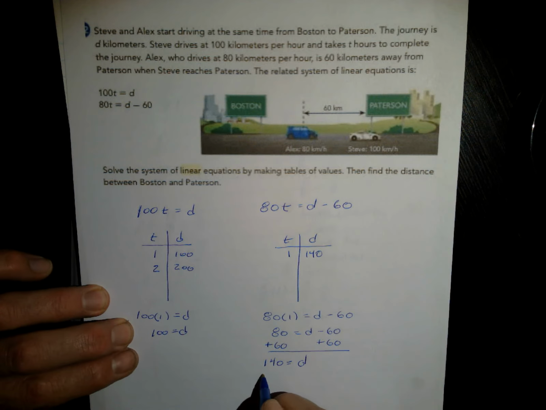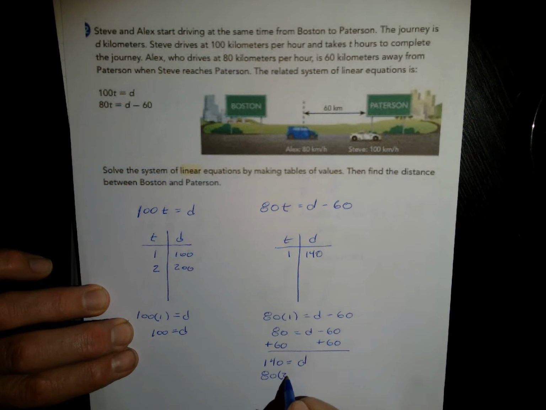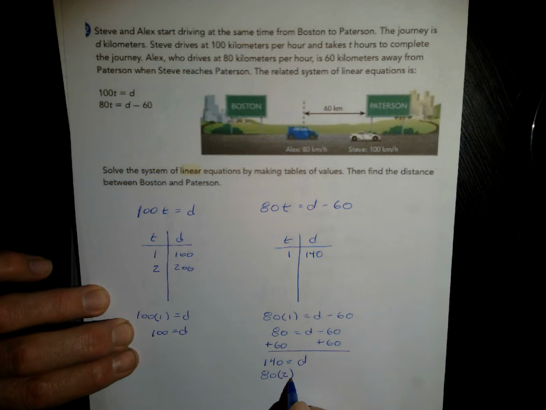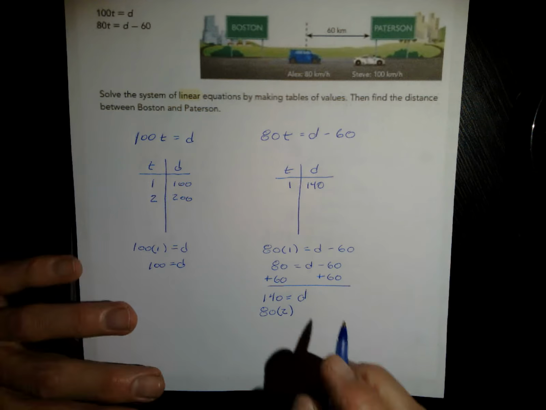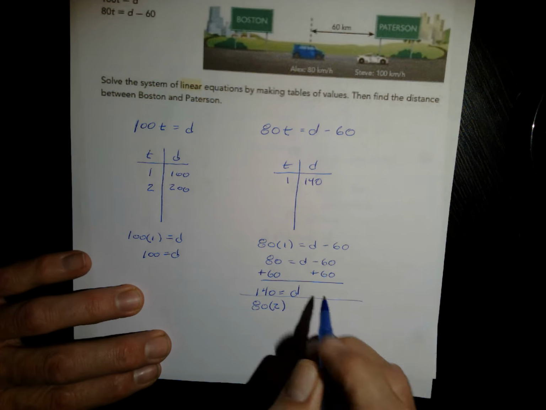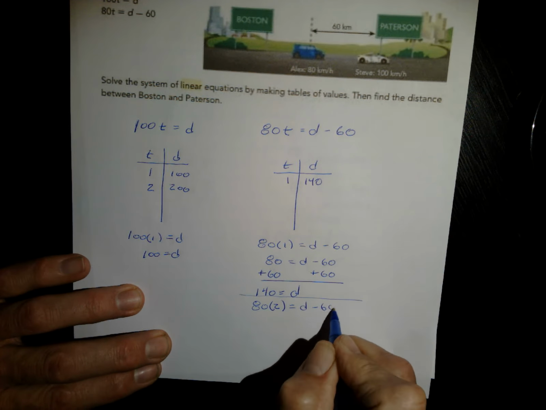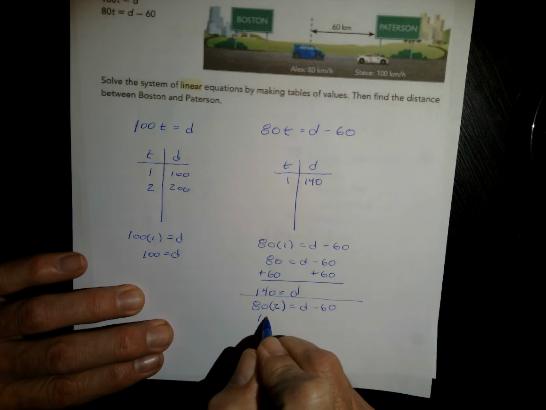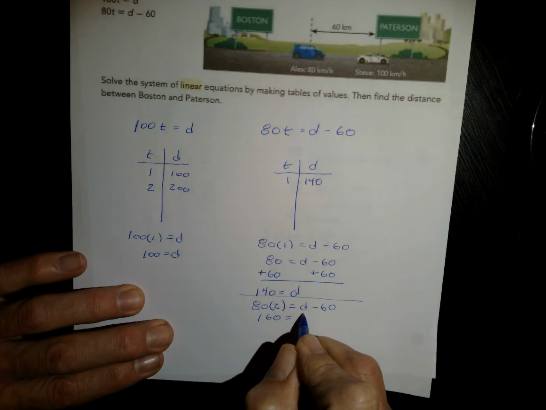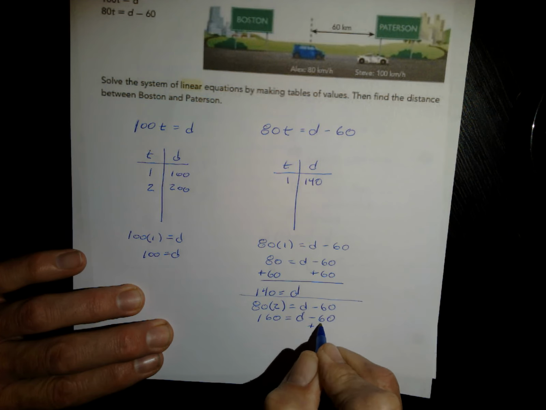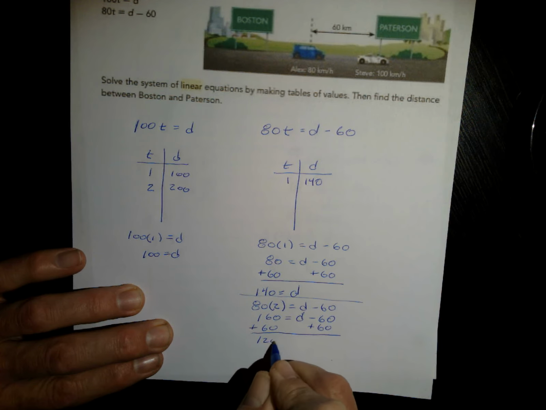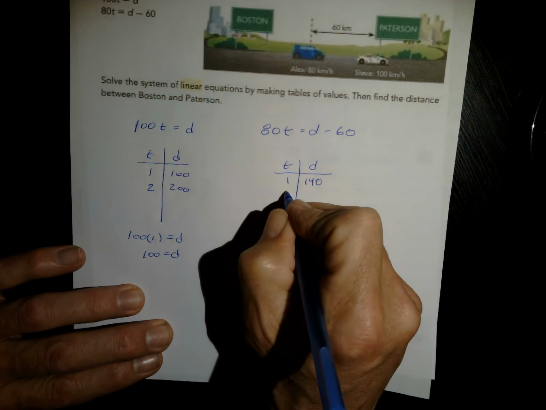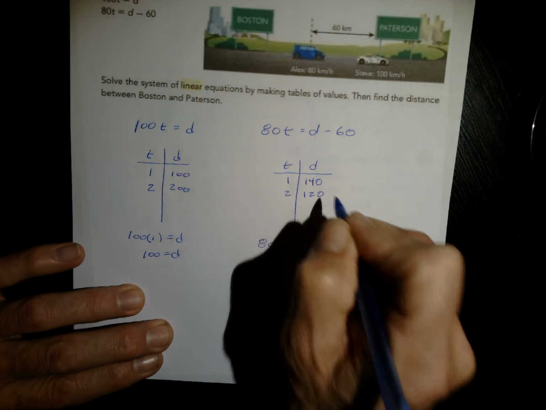And down here, let me move this up so we can see what's going on. 80 times 2, 160 equals D minus 60. Add 60. We have 120 equals D. So 2 gives us 120.